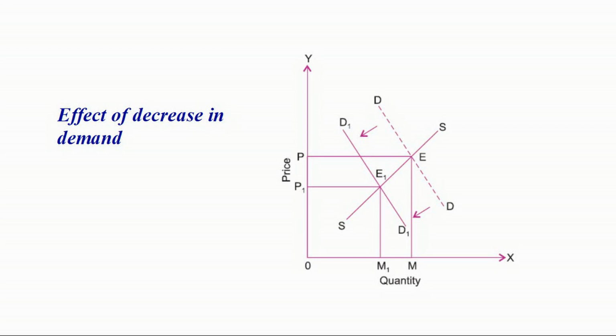Again, we can also analyze this situation in real life. When there is a decrease in demand and supply remains constant, it will result in a decrease in the price of the commodity. When there is low demand, producers or sellers will be forced to sell their commodity at a low price because demand for the product has decreased.